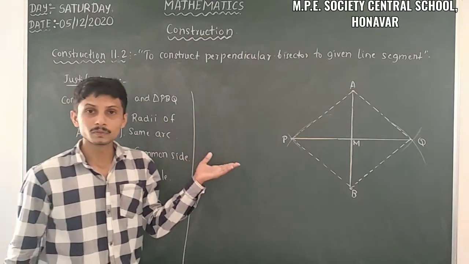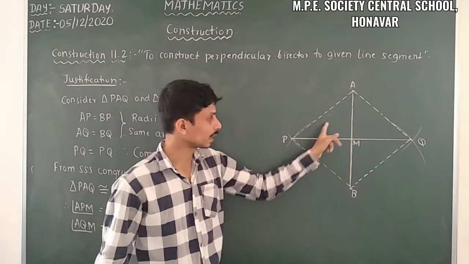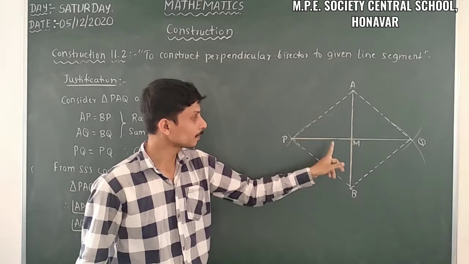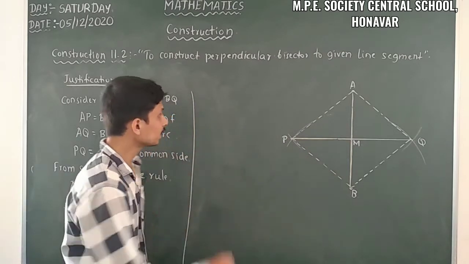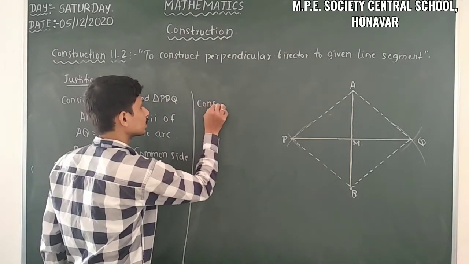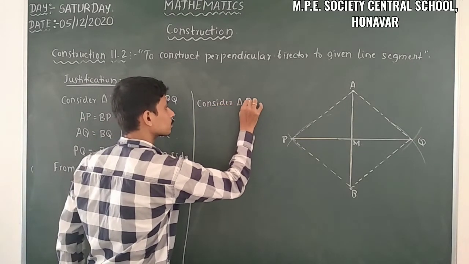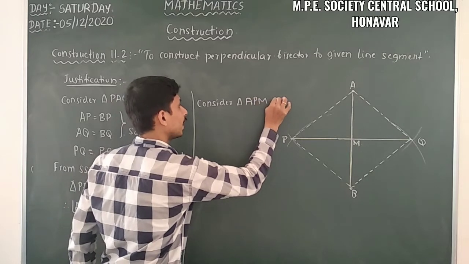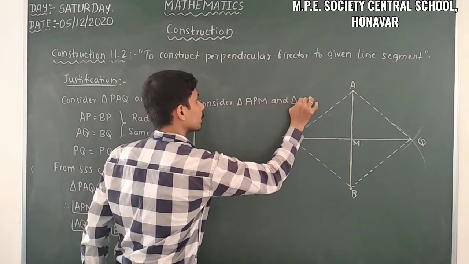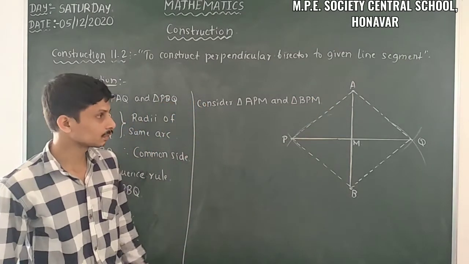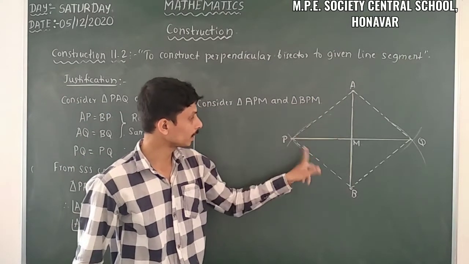Then we have to consider these two triangles. Let us take these two triangles, that is APM and BPM. Consider triangle APM and triangle BPM. So in that, what are the equalities we have here? Just observe APM and BPM.